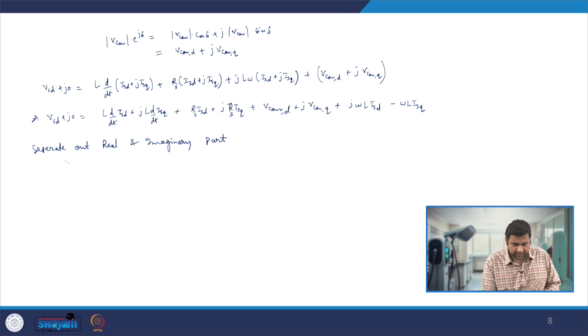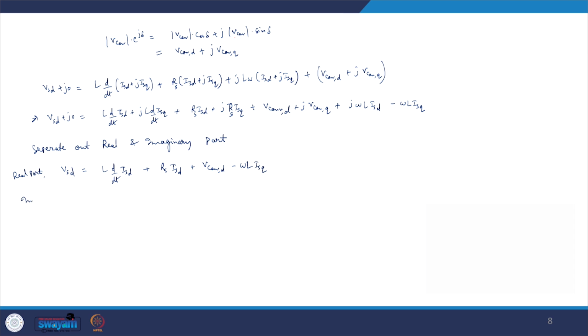When we separate out real and imaginary part, what we will get with just the real part: Vsd equals L d by dt Isd plus Rs Isd plus V converter D plus or minus omega L Isq.